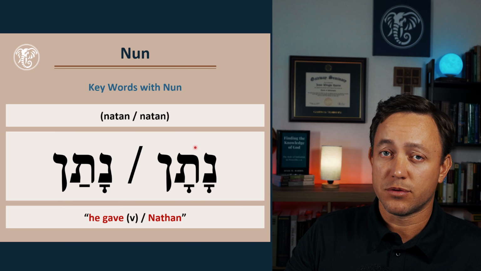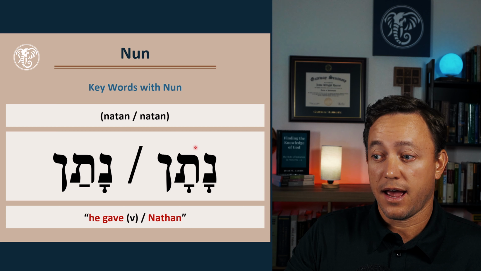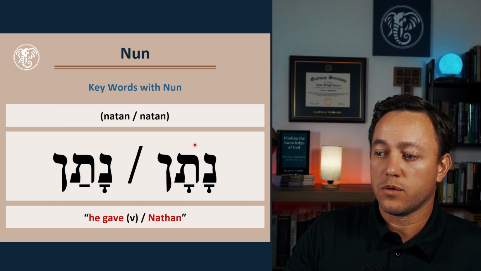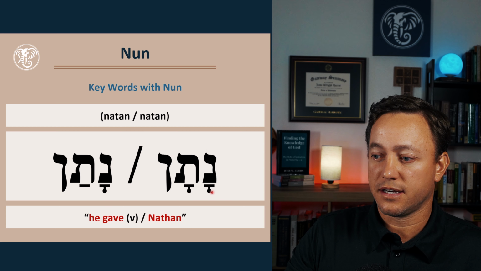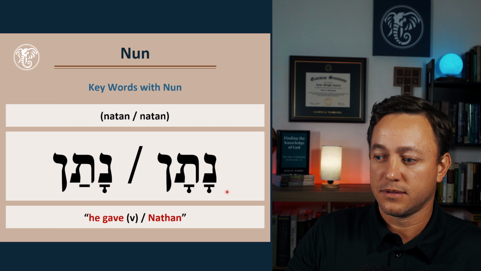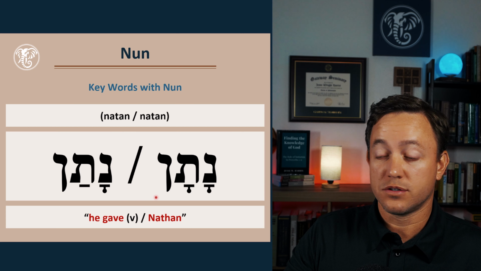But in ancient Hebrew, names actually had just everyday word meanings. So we have here the words Natan and Natan. So Natan, as you can see here with two vowels that look the same, is our word for Nathan, the name.